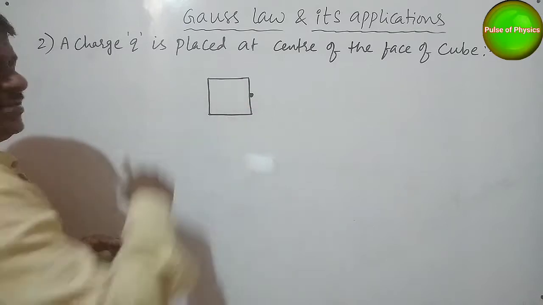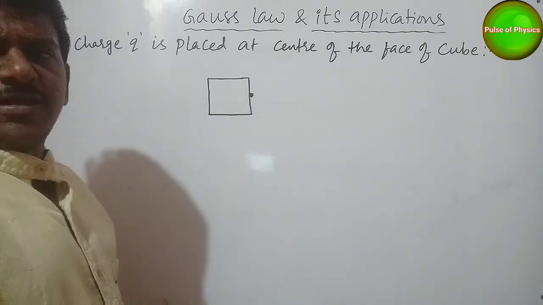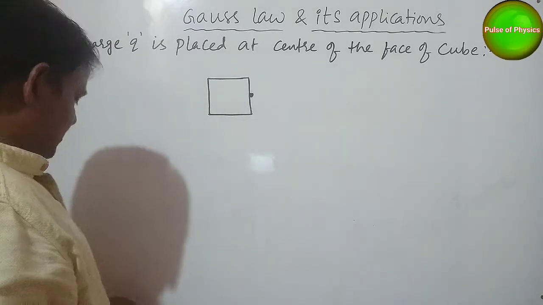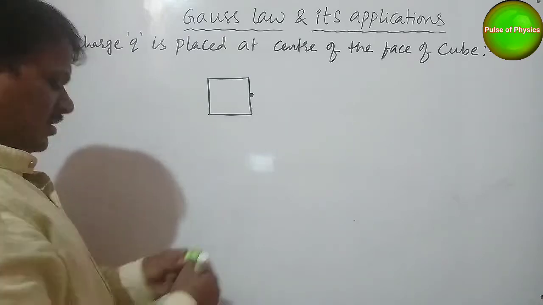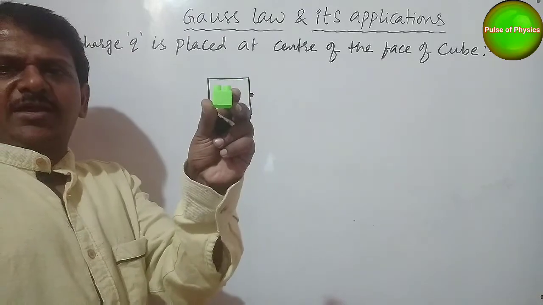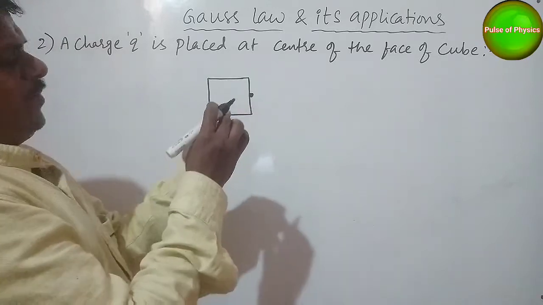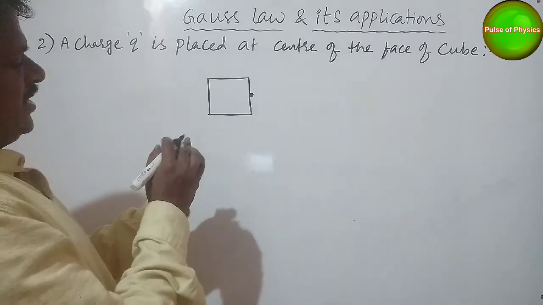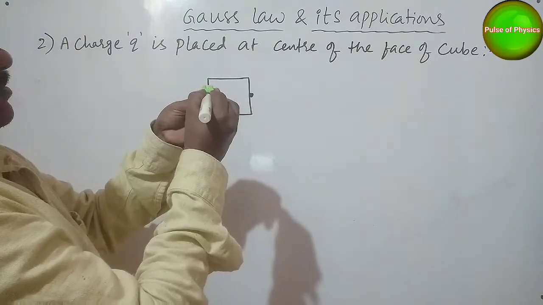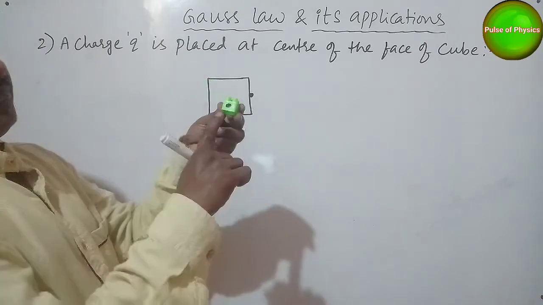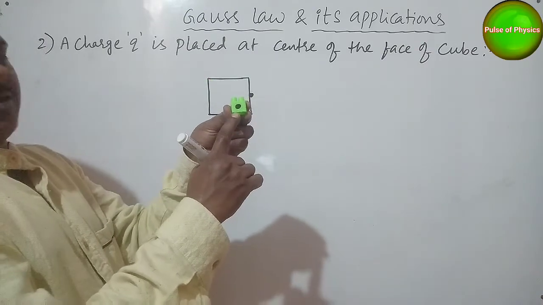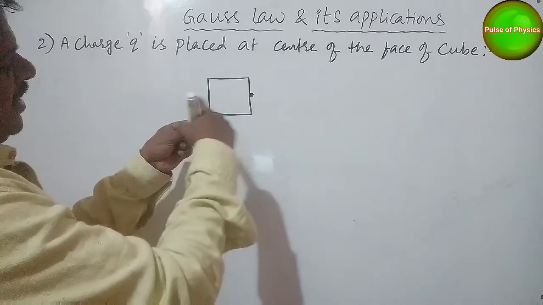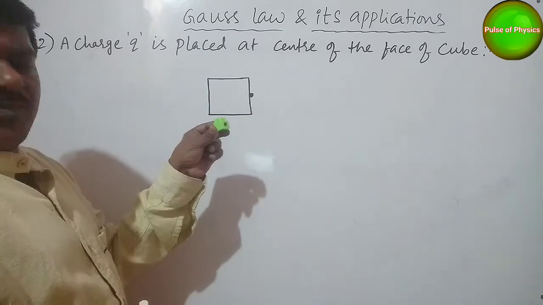How many faces? It has 6 faces, right? Here I take this small cube, and I place the charge at the center of one face of the cube. This is the center. Now, can I apply Gauss law?